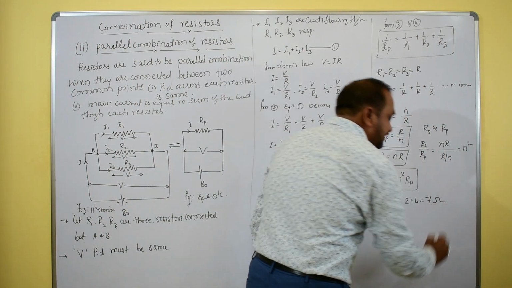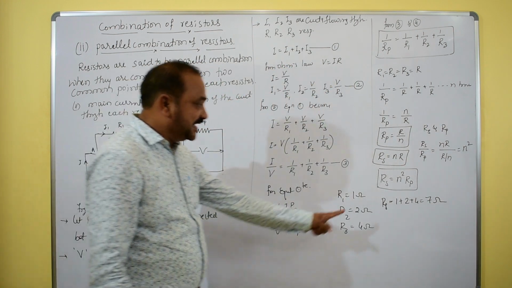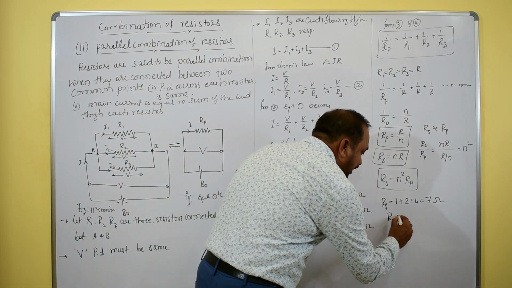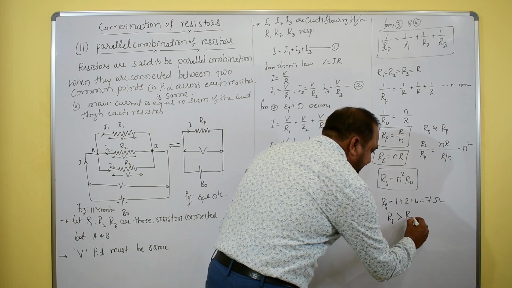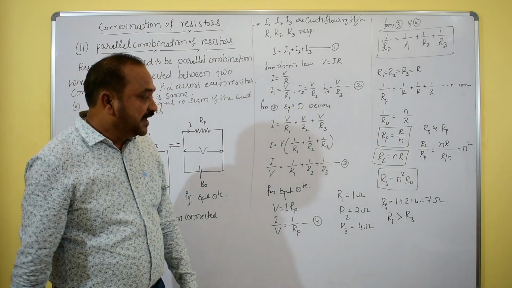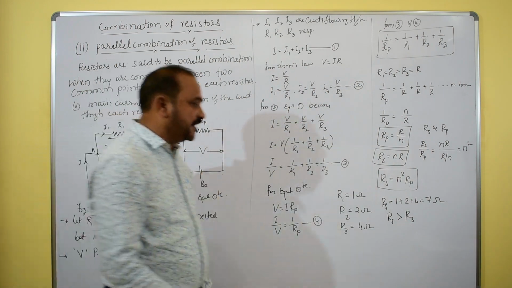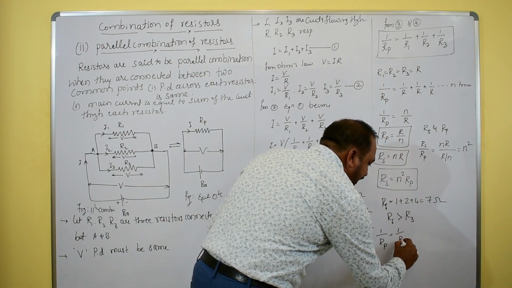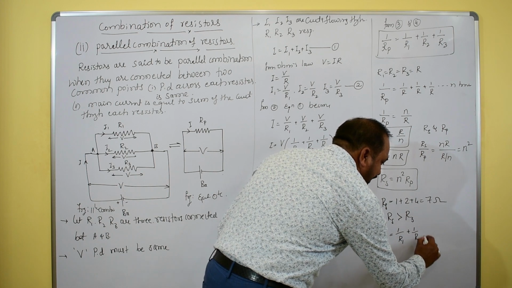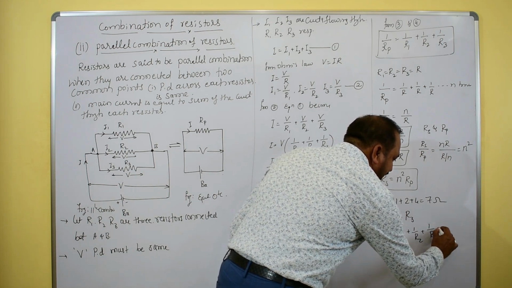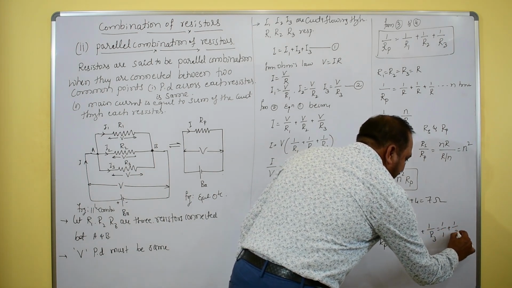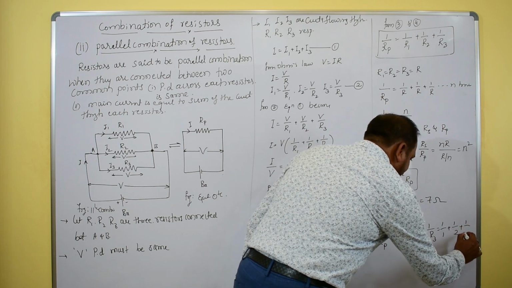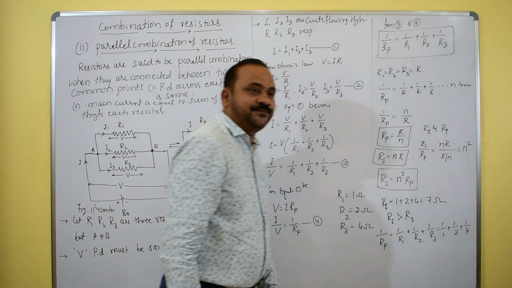See, Rs is always greater than R3. Effective resistance for parallel combination: 1 divided by Rp equals 1 divided by R1 plus 1 by R2 plus 1 by R3, which is 1 divided by 1 plus 1 by 2 plus 1 by 4.